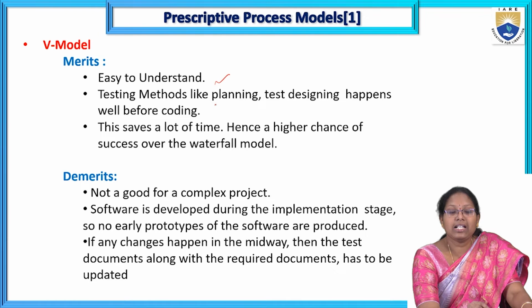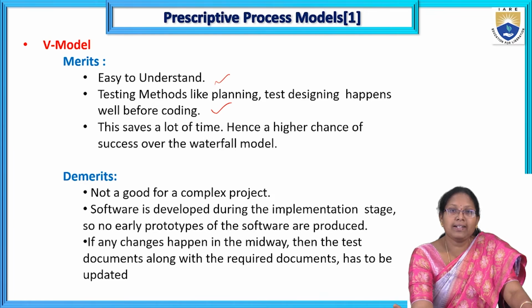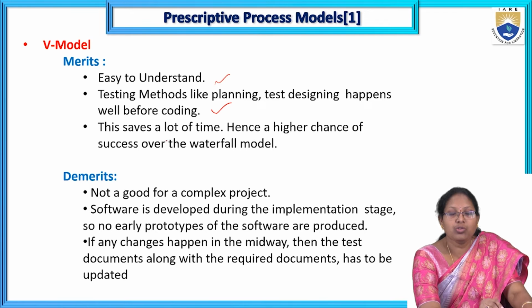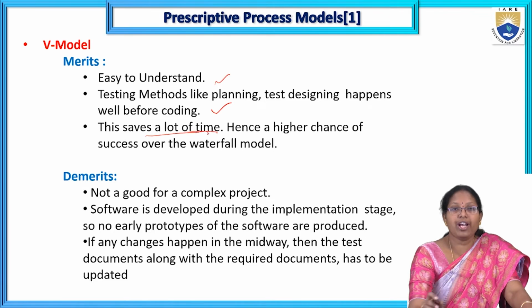Testing methods like planning and test designing happen well before the coding. Once the testing methods are applied and that phase is completely correct, then go for the next phase. Since so many validation processes are going on, it saves a lot of time.